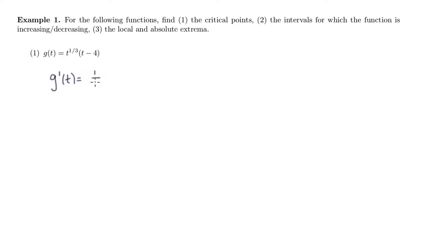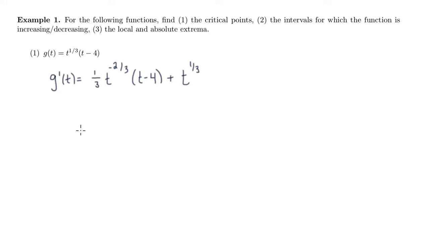So this should be 1/3 t to the negative 2/3 times t minus 4, and then plus t to the 1/3. Okay, so I want to set this equal to 0.